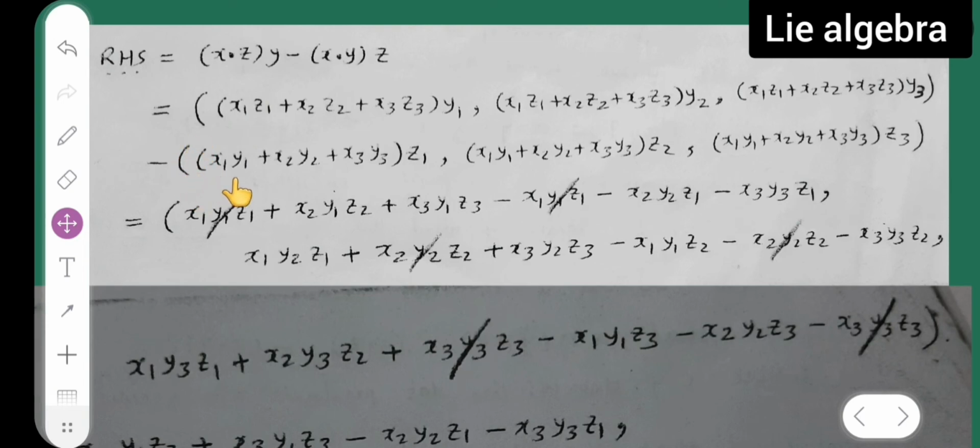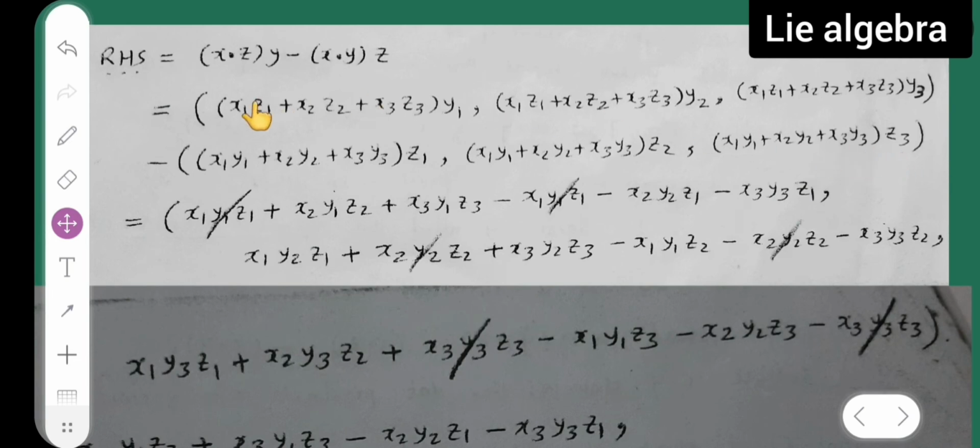Now this I will write as (x1 y1 + x2 y2 + x3 y3) z1. Because of this z1, z2, z3, in this part I am writing it as (x1 y1 + x2 y2 + x3 y3) z2, comma, (x1 y1 + x2 y2 + x3 y3) into z3, close the bracket.